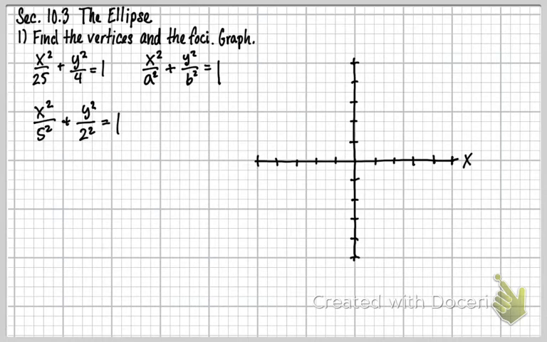So that tells me it's going to be longer on the x, which tells me it's going to have the major axis on the x. And I can see that immediately. Now what I'm going to do is graph these points here. I do know right away that on the x-axis, it's going to be 5 from the center, and it's on both sides.